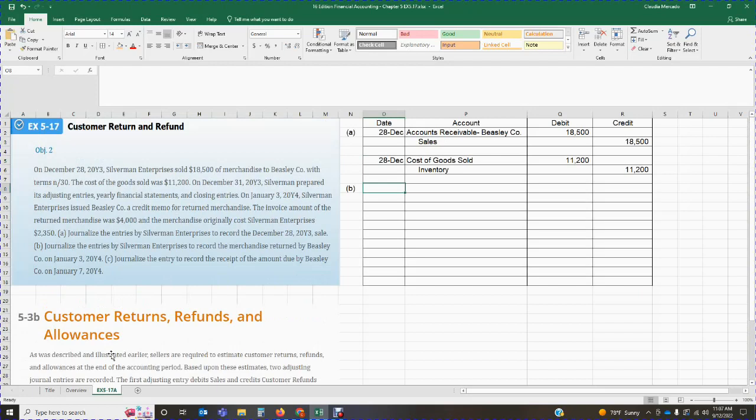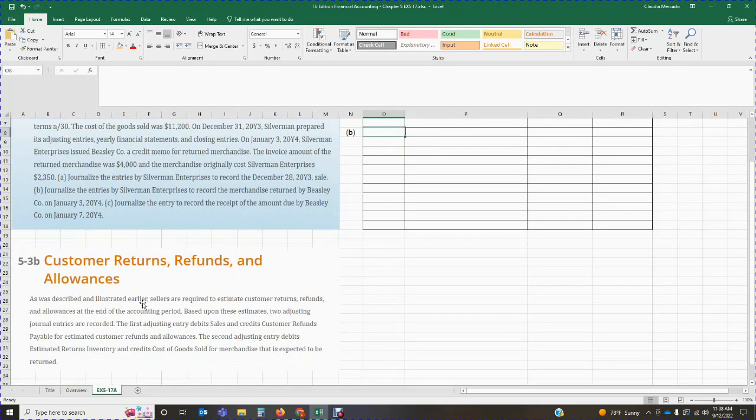So let's do letter B. Journalize the entries by Silverman Enterprises to record the merchandise returned by Beasley. Beasley returned $4,000 worth of merchandise to us, so we need to process that adjustment. Beasley no longer owes me $4,000. So where am I going to get the money from? At the end of the accounting period, we put money aside.